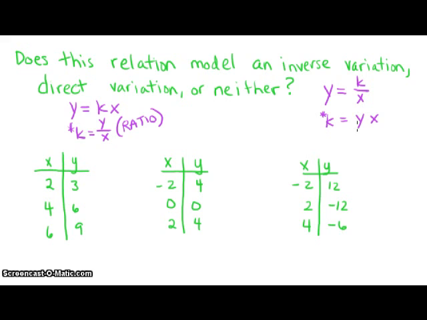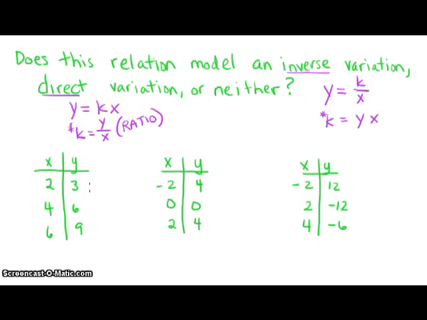So if you take the y and you multiply it times the x, if you get the same thing over and over again, you're looking at an inverse variation. So a direct variation is when the ratios are equal. An inverse variation is when the products are equal. And if you ever forget that, you can just really quickly come back and figure it out again by starting with either y equals kx or y equals k over x.